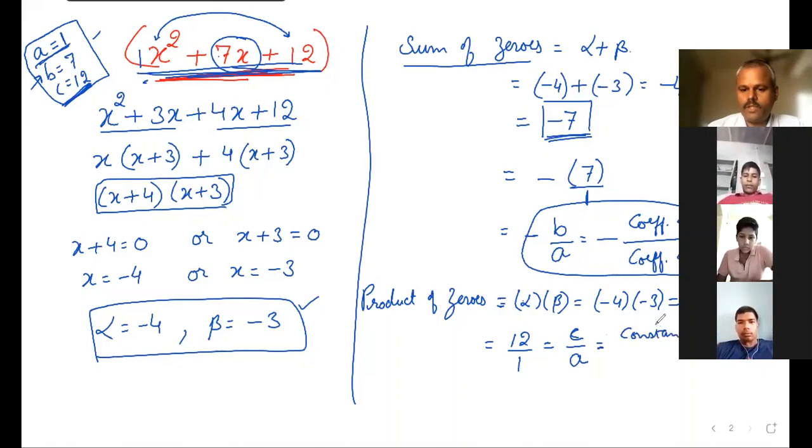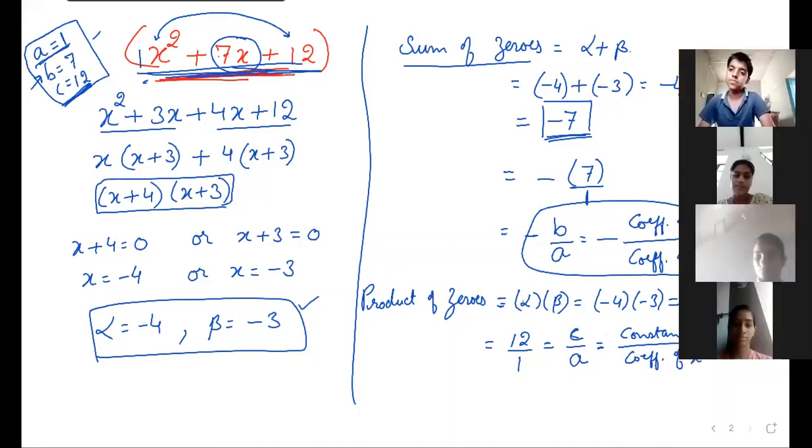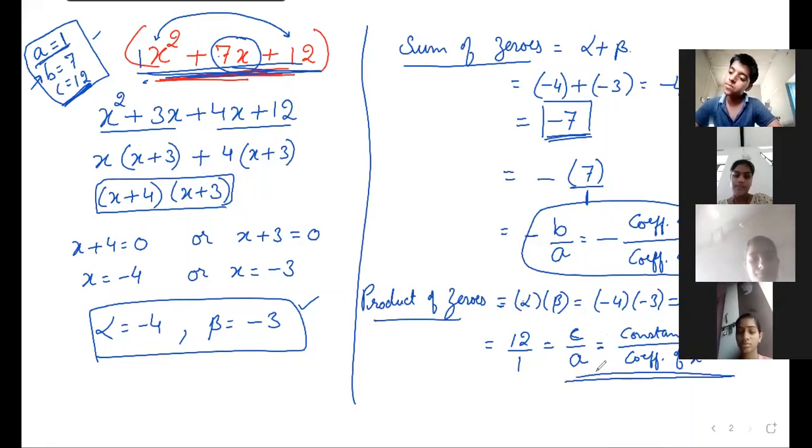No, it is a constant term. And what about A? Coefficient of x squared. So this is the relation between the product of zeros and the coefficients.